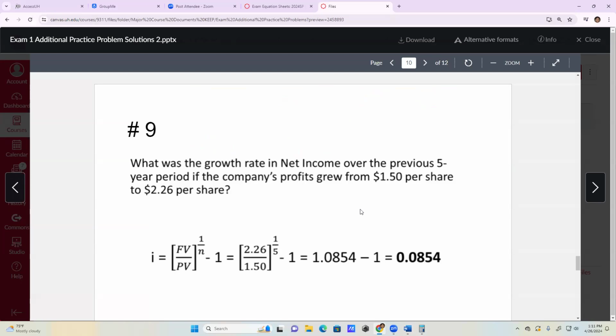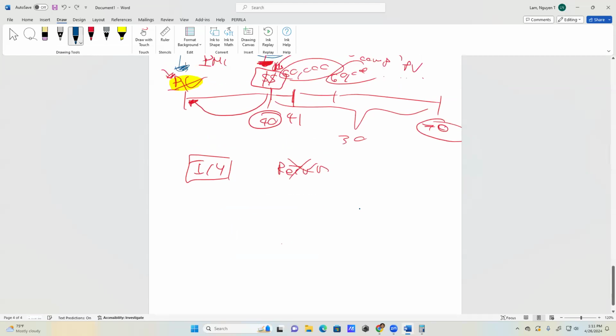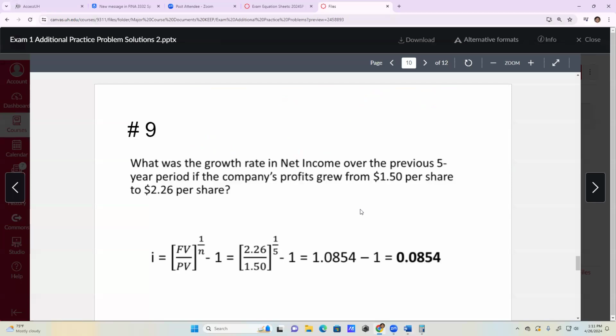So how do I know that on the test, right? If you do my stuff on the test and you don't get the answer, then more than likely you have to input the 5 white keys on your calculator. So 1.5 for the present value, and future value, remember to make one a negative number, negative 2.26 is going to be the future value.